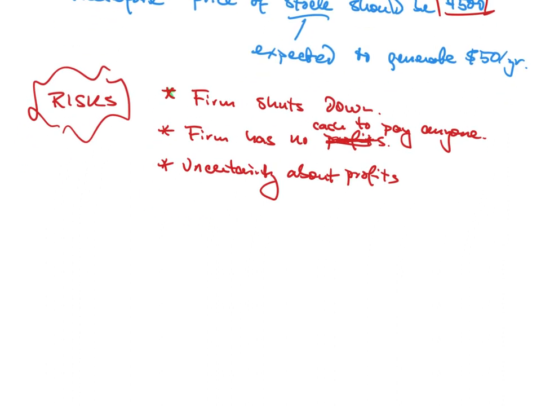Now, if we just compare a bond to a stock in terms of riskiness, a stock in a company will always be more risky. Because someone who owns a bond loses money if the firm shuts down, and that's the same for someone who owns a share. Those two things are the same. If the firm goes bankrupt, both bondholders and shareholders lose money.